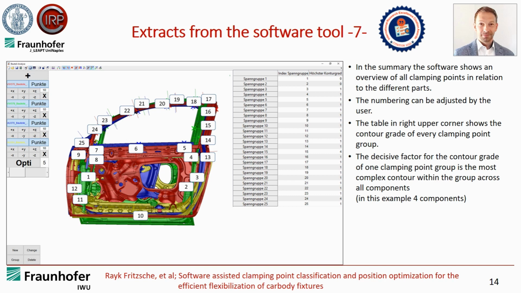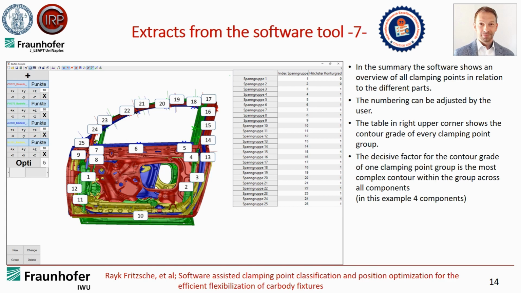The numbering of the clamping points can be adjusted by the user, but the software also does this automatically. The table in the right upper corner shows the contour grade of every clamping point group, and the decisive factor for the contour grade of one group is the most complex contour within the group across all the components. Here in our example, across the 4 components: red, green, blue and yellow.